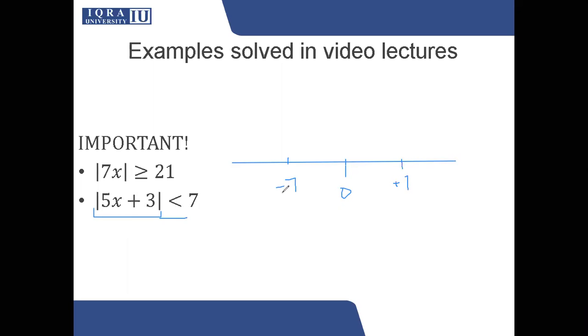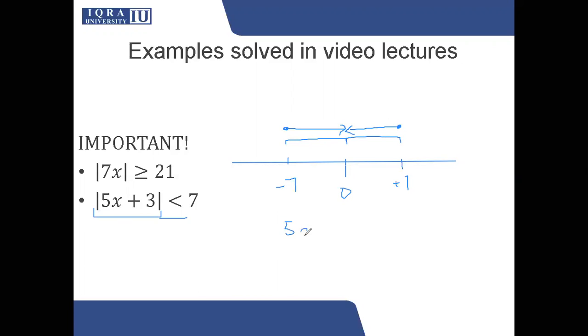The distance has to be less than 7, so it has to be within this range. So this 5x plus 3 is greater than minus 7, and this 5x plus 3 is less than plus 7, right?